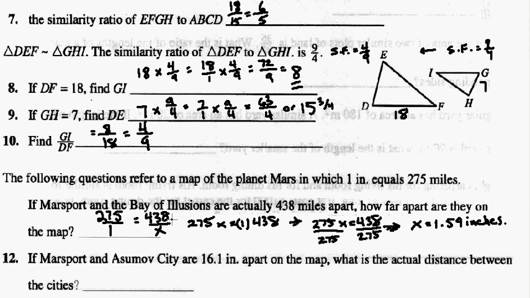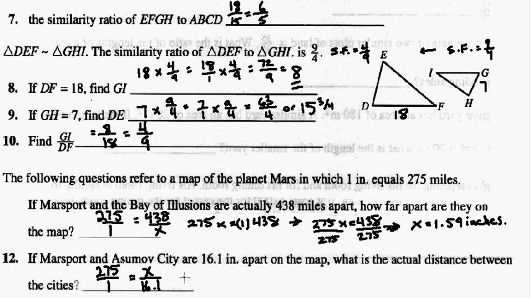And then number 12, if Marsport and Asimov City are 16.1 inches apart on the map, what is the actual distance? So we can use that again. We could say that 275 miles per 1 inch is equal to x number of miles for 16.1 inches.